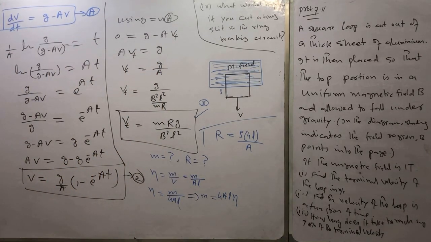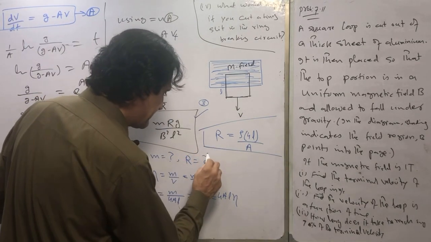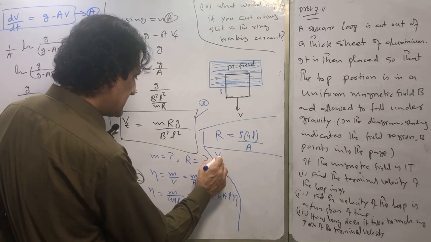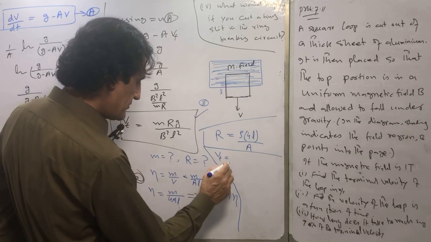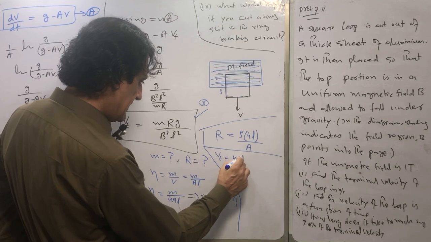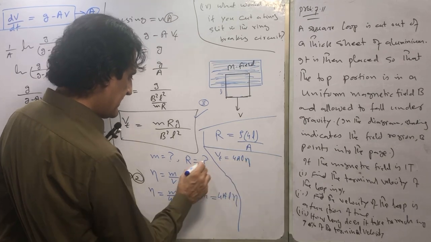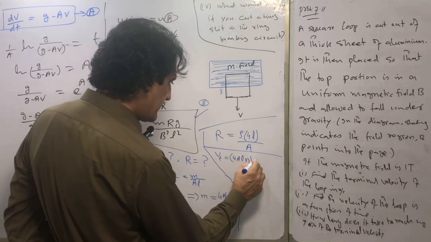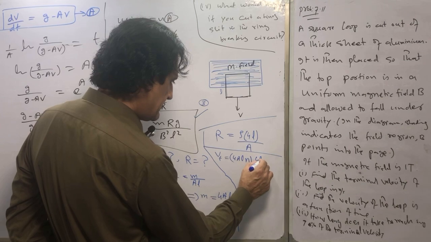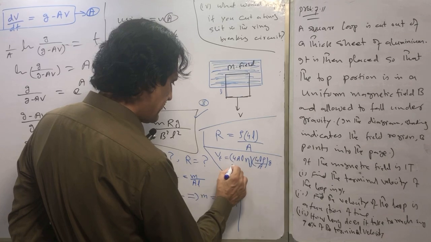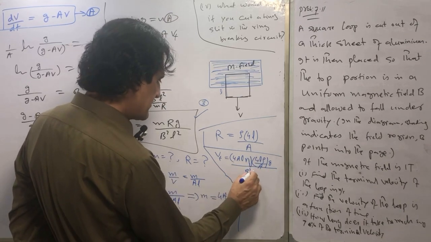And then if I complete this Vt, which is equal to m is equal to 4 area L and eta, and R, we know R is equal to 4 L rho divided by area, and G divided by B square and L square.